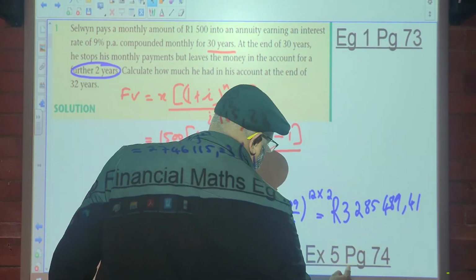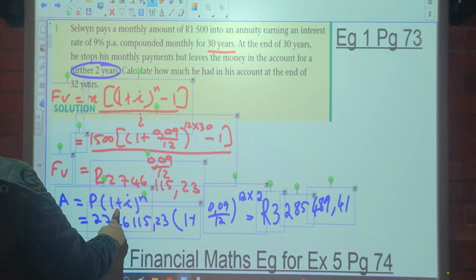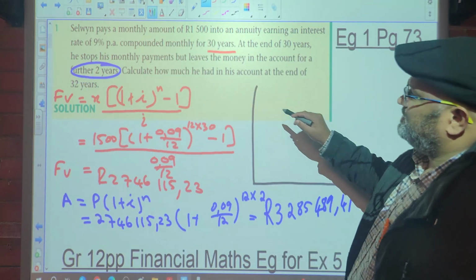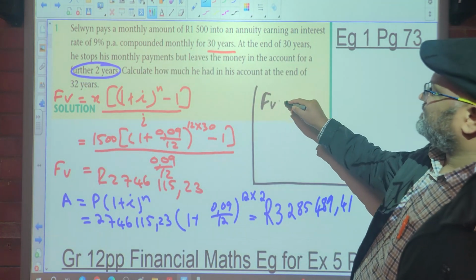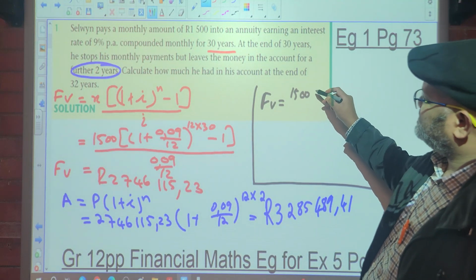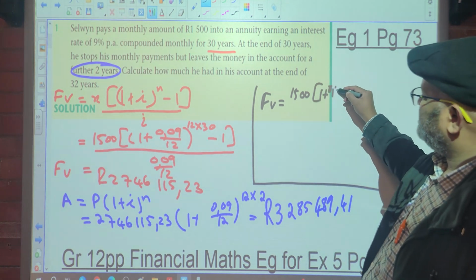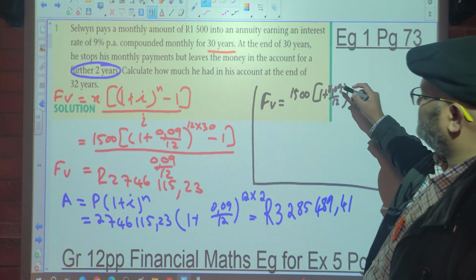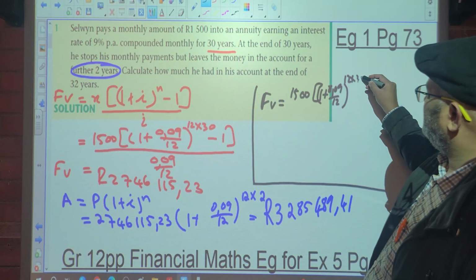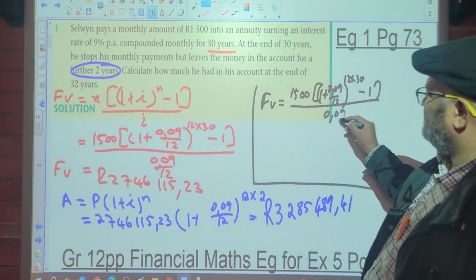What I could have done was a straight formula, a straight calculation. The future value, or the total at the end, is going to be 1,500 Rand into 1 plus 0,09 over 12 to the exponent 12 times 30 minus 1, and this is all over 0,09 over 12.